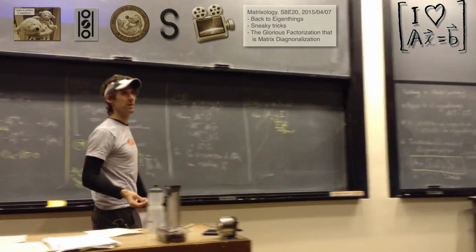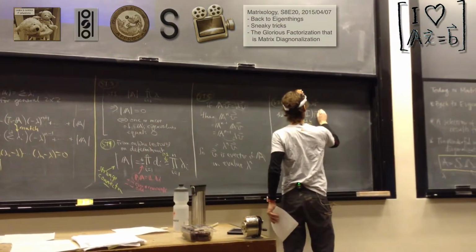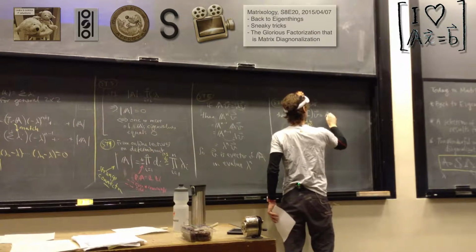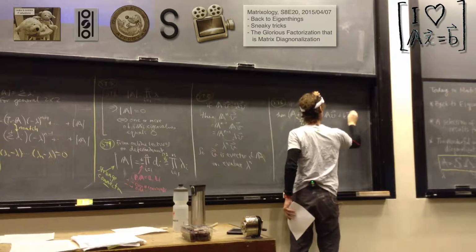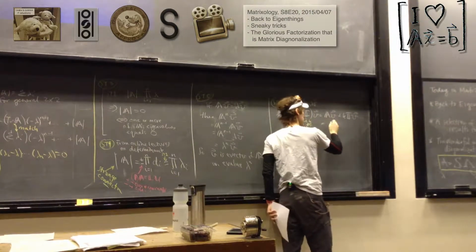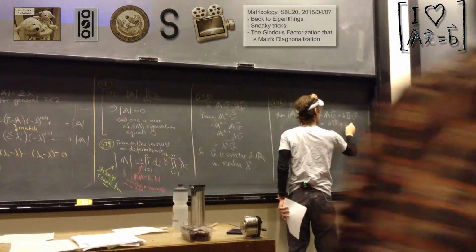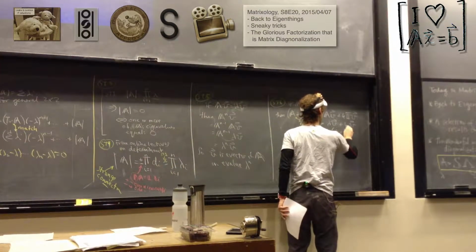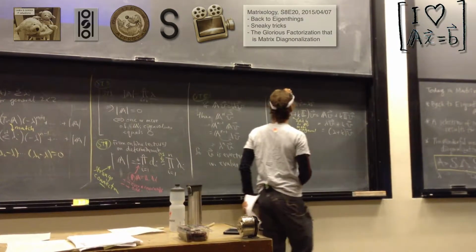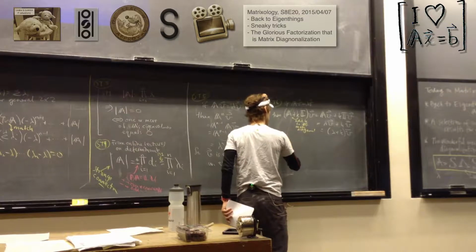Identity is a very natural thing to mess around with, right? So this times V equals A times V plus KI times V. We've already got this. I times V is V. And then we can extract these two: lambda plus K times V. Again, same kind of argument.